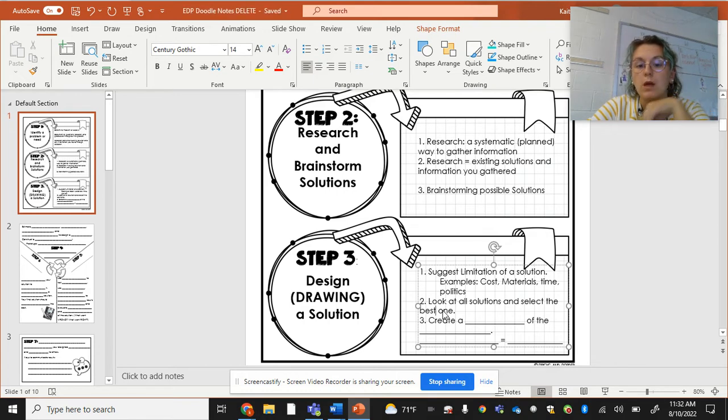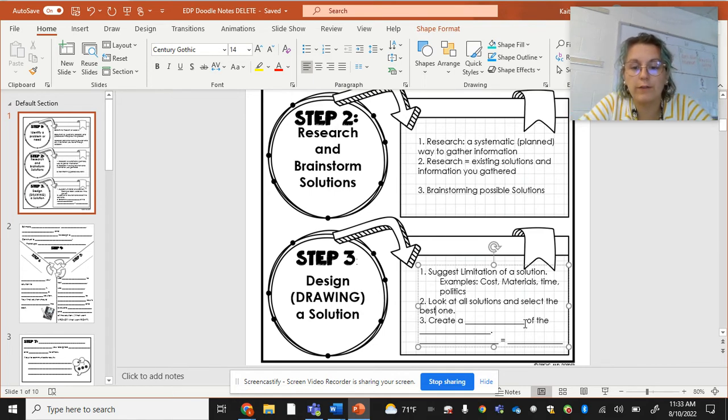Actually, oatmeal raisins are. But anyway, the best when it comes to science, especially in the EDP, means which one solves the problem the most effectively and efficiently, okay? Does it solve it fast? Does it solve it well? Does it solve the entirety of your problem?